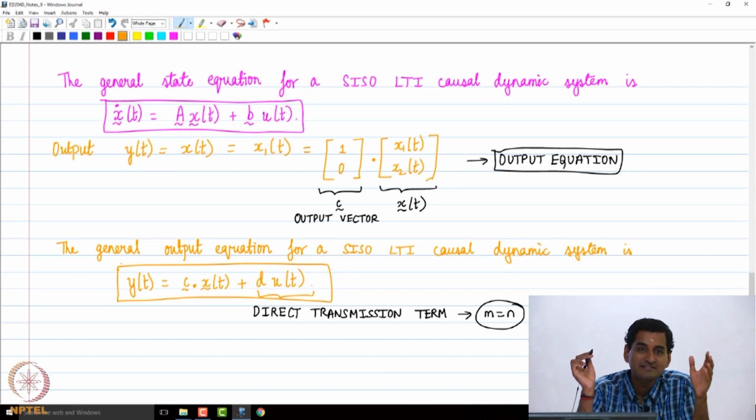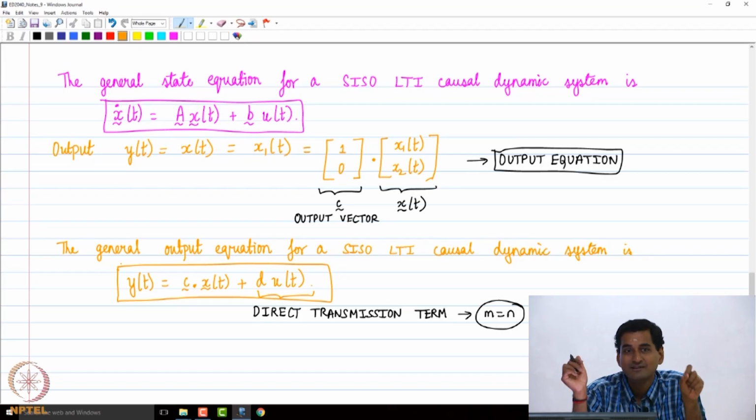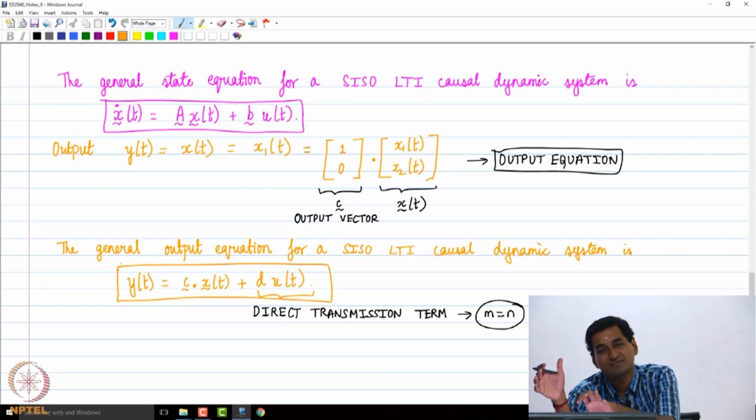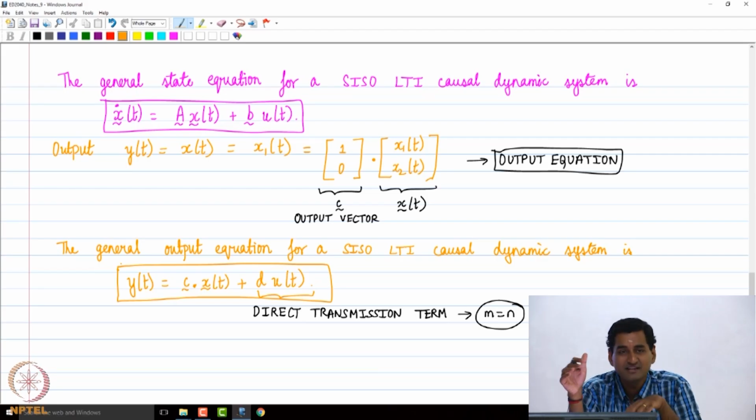Let us say in the numerator you had a second order polynomial, the denominator also has a second order polynomial. If you recall division of polynomials, you can have a quotient and a remainder, right? That quotient will be a constant, and then you will have a remainder. So, that quotient will automatically multiply the input. So, you will have one term which will directly come from the input, and the other term will be from the dynamics of the system. So, that is the physics, right.